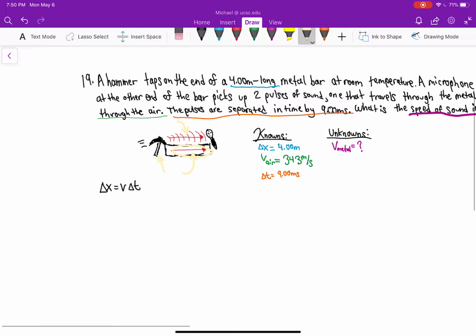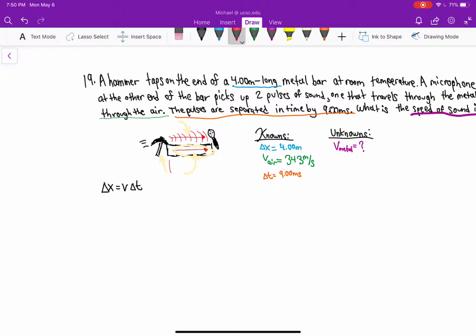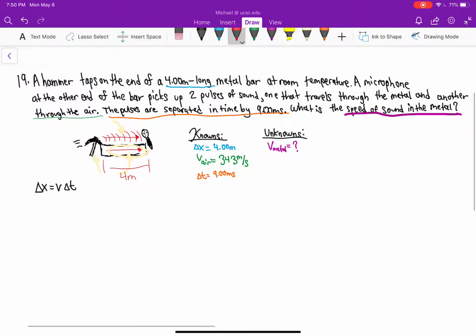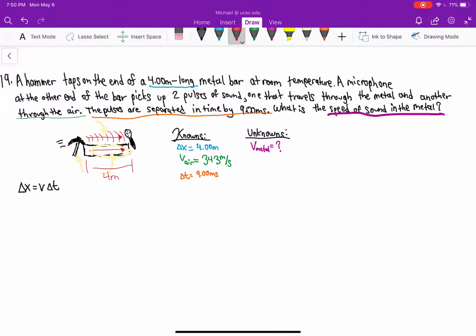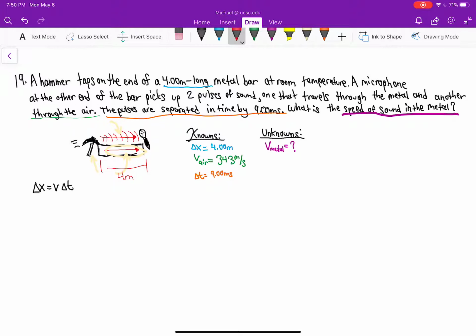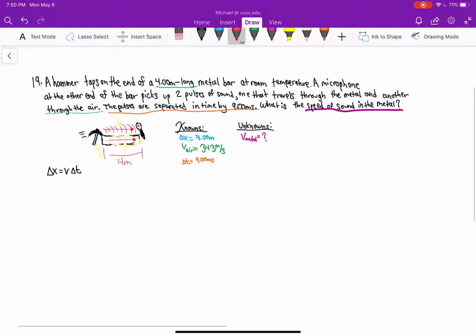We know that this metal bar is 4 meters in length. And we know that the speed of sound through air is usually 343 meters per second. And we know that the difference in time of the two sounds reaching the microphone is 9 milliseconds.